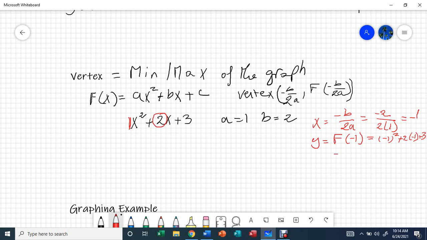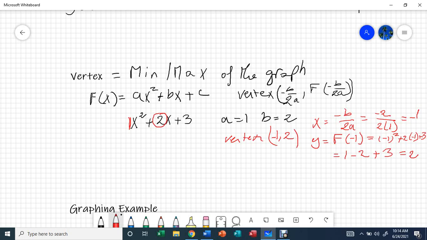Negative 1 squared is 1, 2 times negative 1 is negative 2, and plus 3. So 1 minus 2 is negative 1, negative 1 plus 3 is positive 2. So the vertex for this function is negative 1, 2.